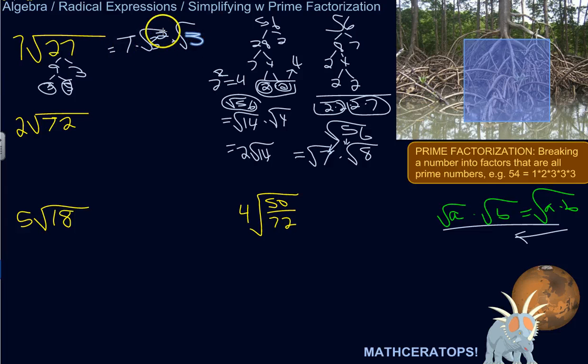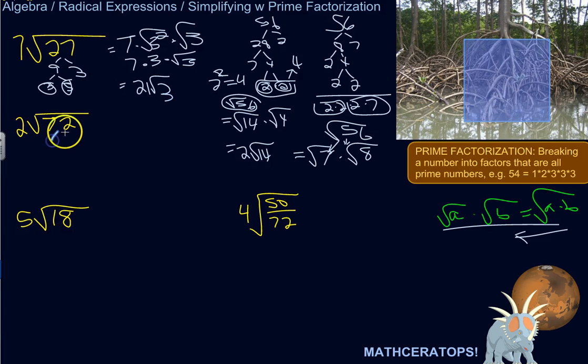Well, the square root of 3 squared is just 3. So we've got 7 times 3 times the square root of 3, which is 21 times the square root of 3. 21 square root of 3.